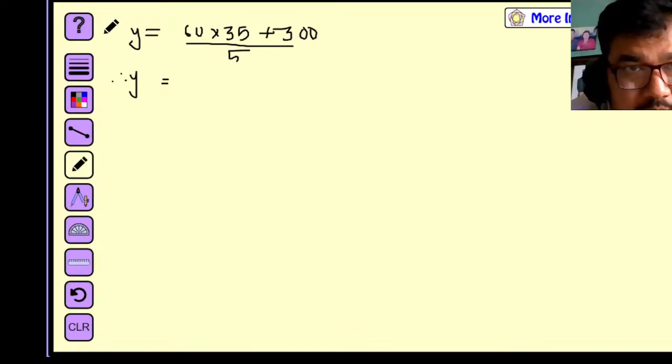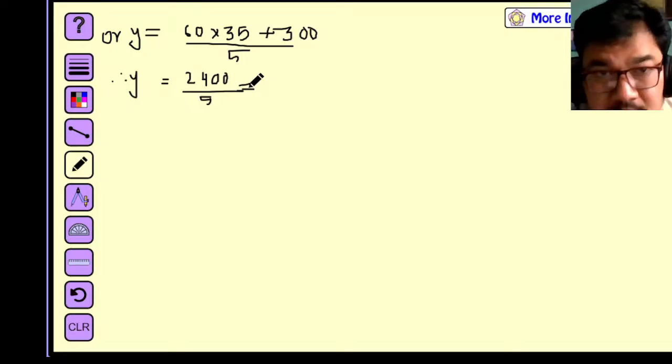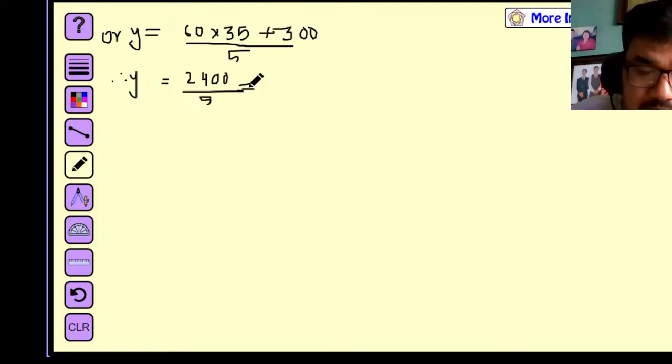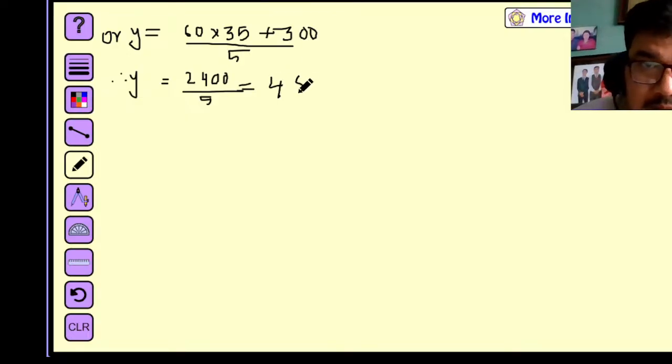What is the value of y here? We did 60 into 35, which goes to 2100. 2100 plus 300 comes to 2400. And 2400 should be divided by 5. Then the answer comes, 480.